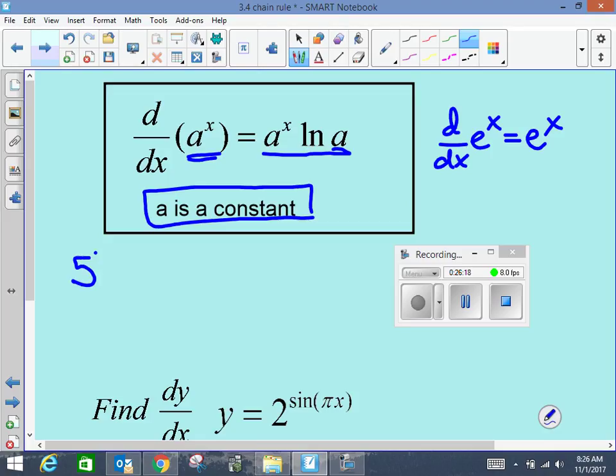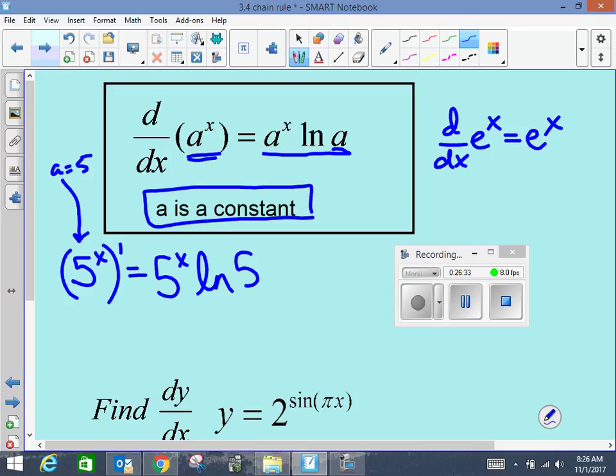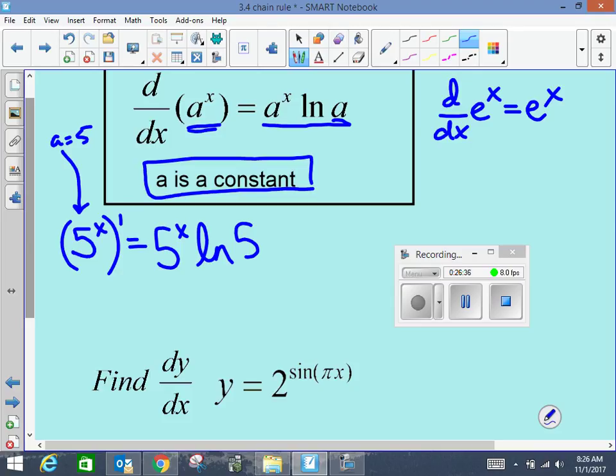So, for example, the derivative of 5 to the x is 5 to the x times ln of 5. A is 5 here. A is a constant except for e. If you do e like that, e to the x, ln e, what's ln e? So it does work, but you just don't want to say the derivative of 5 to the x is 5 to the x. It's not. It's 5 to the x times ln 5.